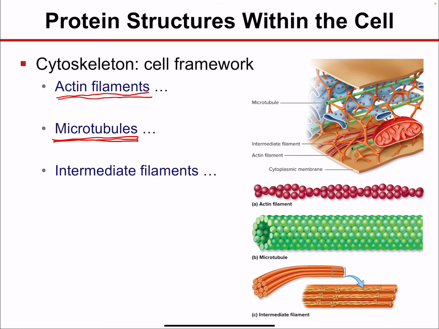Finally, the intermediate filaments. The intermediate filaments are by far the less well understood cytoskeletal filaments. However, we know that this intermediate filament plays a very important role at providing mechanical strength to the structure, whether we're talking about the nuclear envelope or we're talking about the whole cell itself, right?